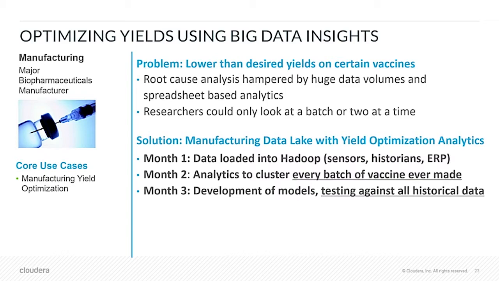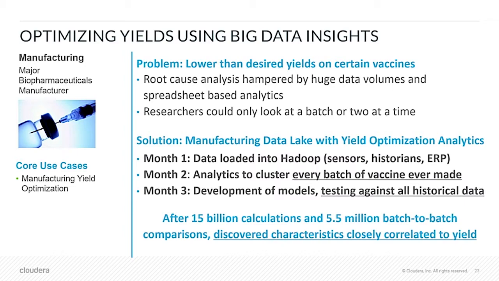And then they said, let the machine churn through and consider one factor, then 2 factors in combination, then every factor in different combinations. The machine, to do that, actually took 15 billion calculations and 5.5 million batch-to-batch comparisons. So you could see the futility of having to do this manually, right?